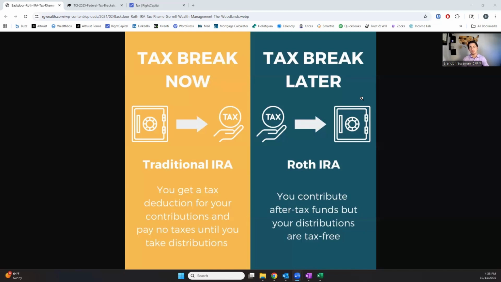You're going to have a 10% penalty to access that money. So now you're going to be looking at, what is that, $3,000? $3,000 to take the money out of the account, and then you would have the $30,000 tax bill. So now we're at $33,000 to get this money out of the plan. So we really don't want to do that.